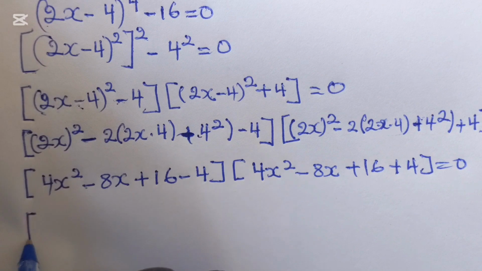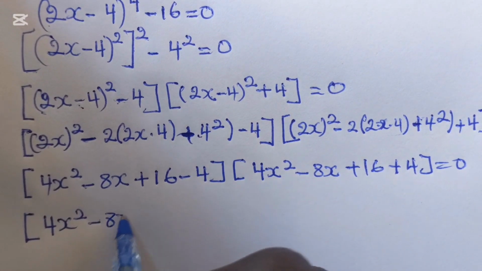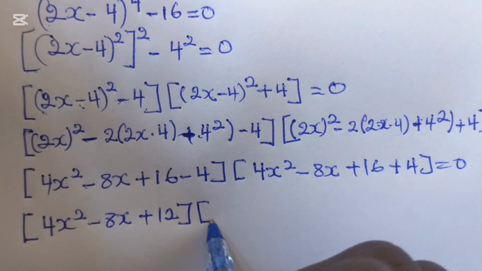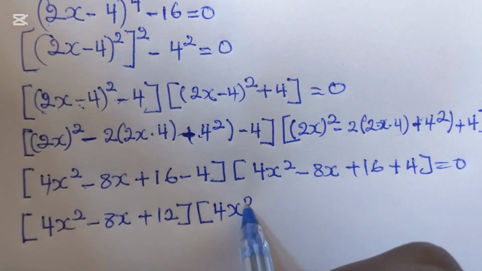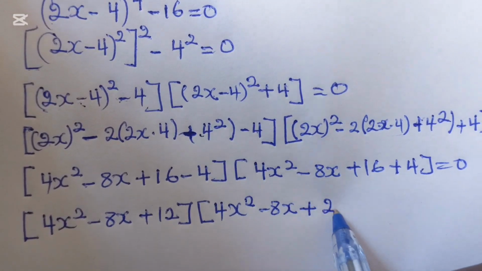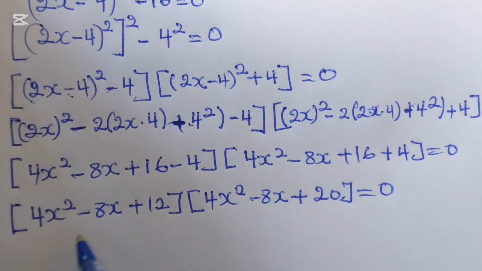Now this will provide 4x^2 - 8x + 12, and then here we have 4x^2 - 8x + 20 = 0. So we have two equations which are quadratic equations, so we can deal with the first one.